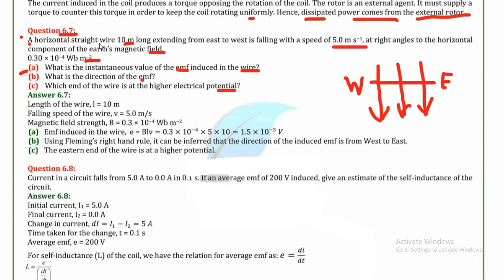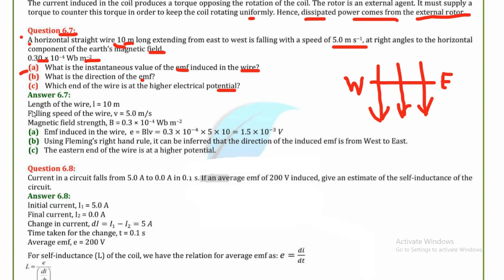So first we are ready to note down the given quantities of the question. The length of the wire is given, that is 10 meter, speed 5 meter per second, this is linear speed, and the magnitude of the horizontal component of the Earth's magnetic field is also given. So this is BH.